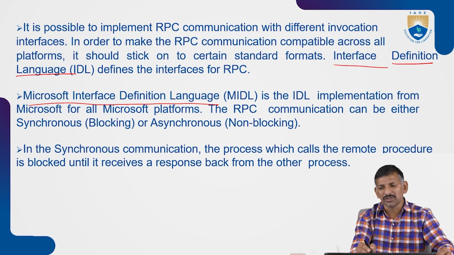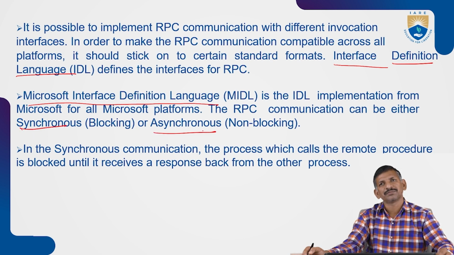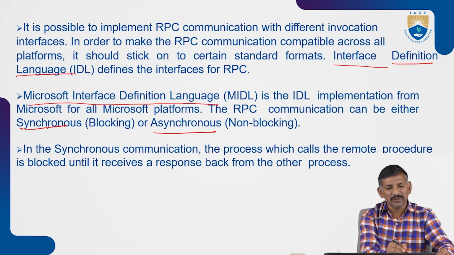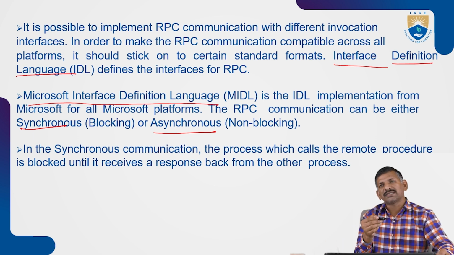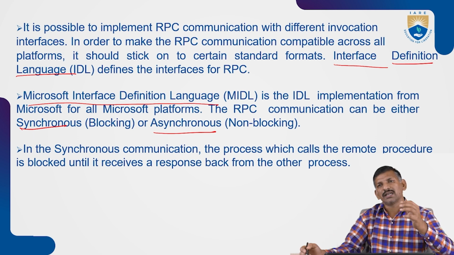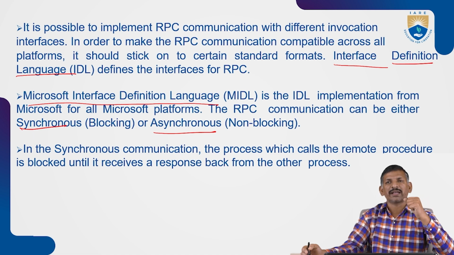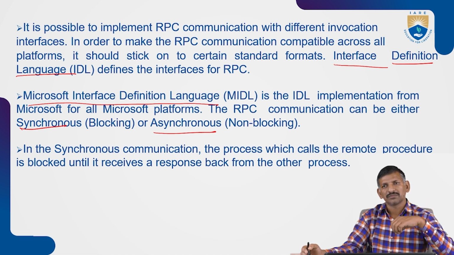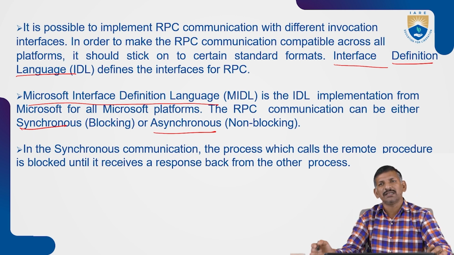This remote procedure call can be either synchronous or asynchronous. Synchronous means whenever the process sends a request, it waits for a response or acknowledgement from the server. Until then, this process is in the waiting state or blocked state.